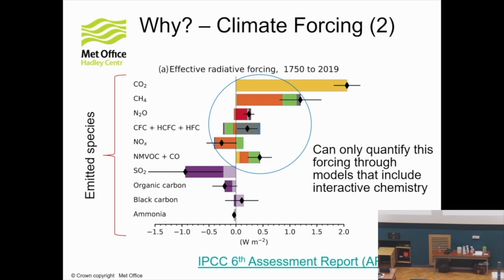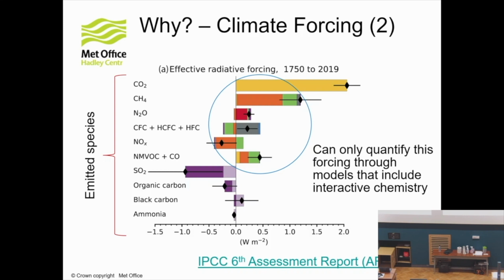So you'll see from this slide that CO2, and the changing emissions of carbon dioxide over the historical period, is the single largest driver of changes to the Earth's energy balance. Second to that is methane, but you'll also see that there are emitted species that form aerosol in the atmosphere, or are emitted directly as aerosol, that are offsetting some of those positive perturbations to the Earth's radiation balance.